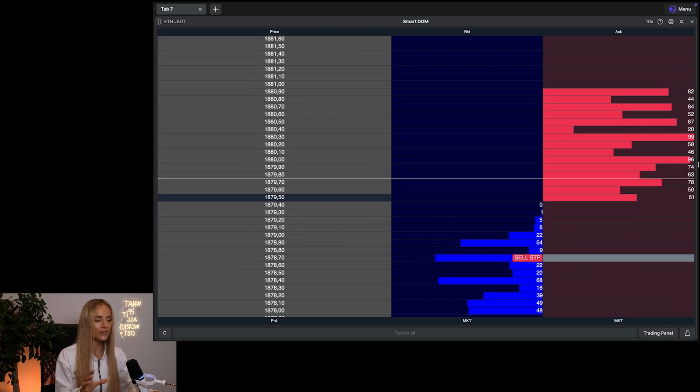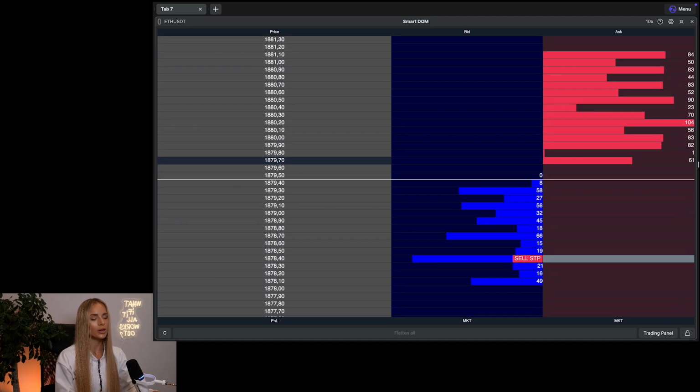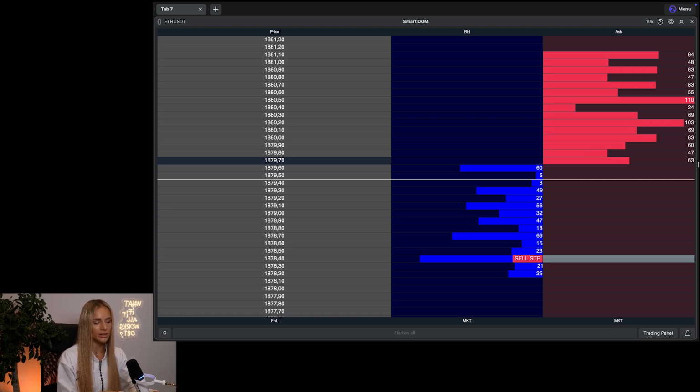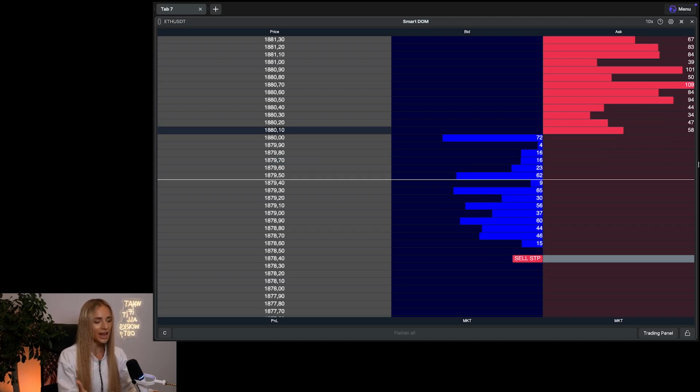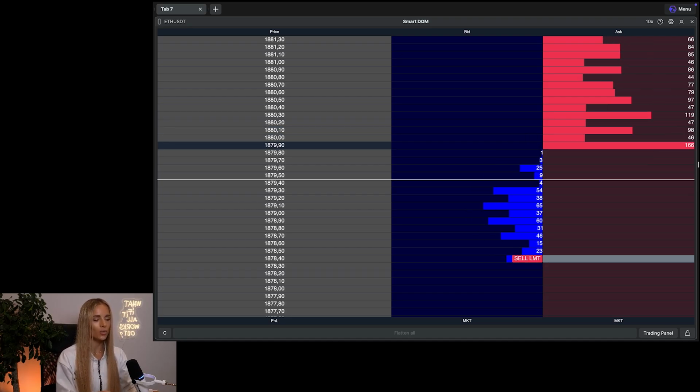So you will never see market orders here because market orders execute instantly and then disappear. So they leave no trace in the depth of market. What this means is that the depth of market only shows you the intention of the market participants, but not the real action. The action is what we are going to have a look at next.